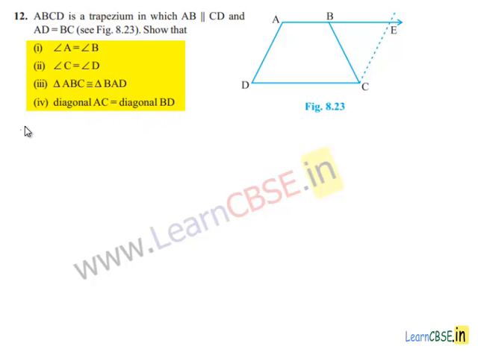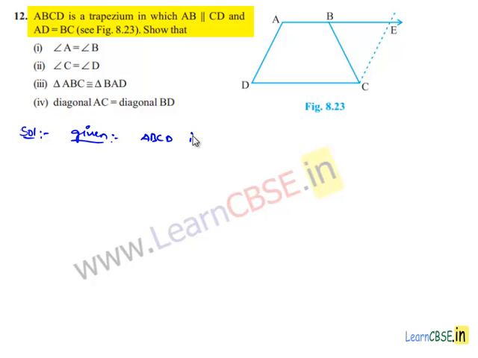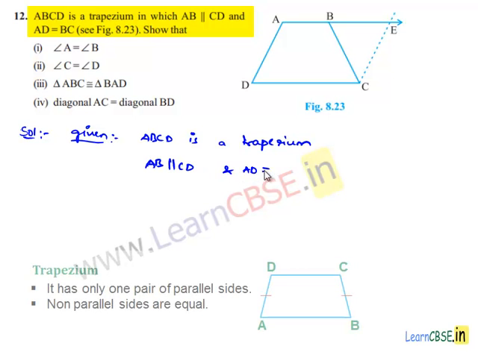Now moving on to the solution. Let us note down the given information that ABCD is a trapezium in which AB is parallel to CD and AD is equal to BC.